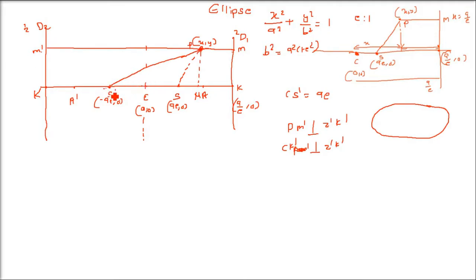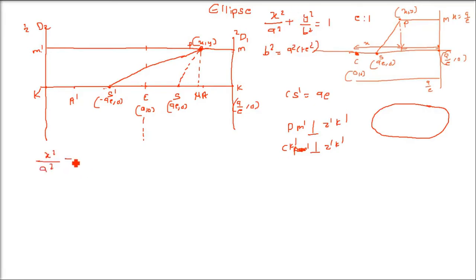By the definition we can easily say that if it happens for one, it can happen for the other also, because the only thing is that the point has to have a distance from a focus and a distance from the line, and the ratio should be equal to e is to 1. That is what the whole story is about. So we have an equation here, x square by a square plus y square by b square equals 1.